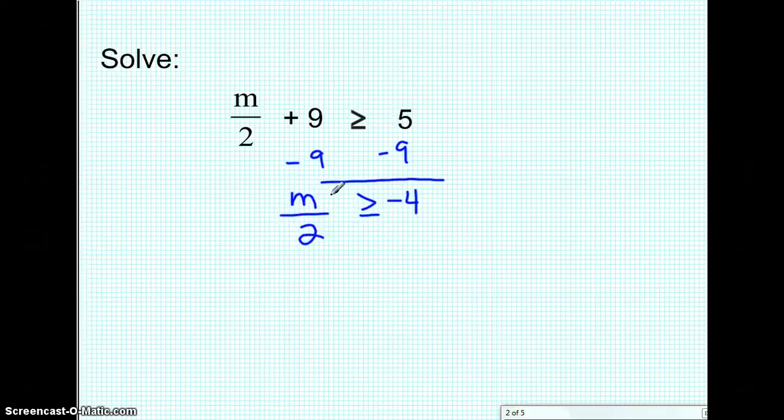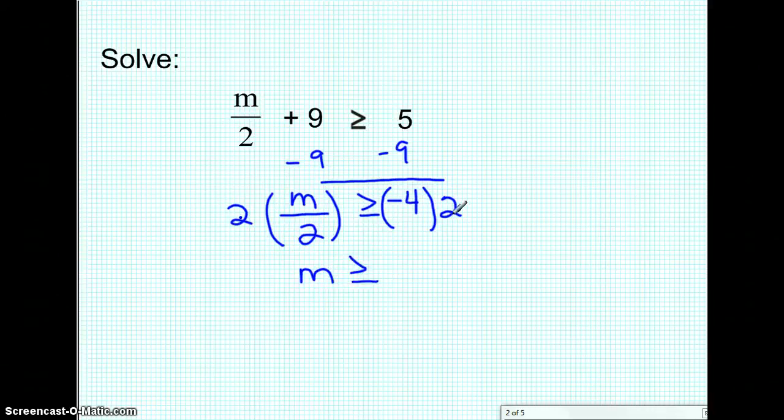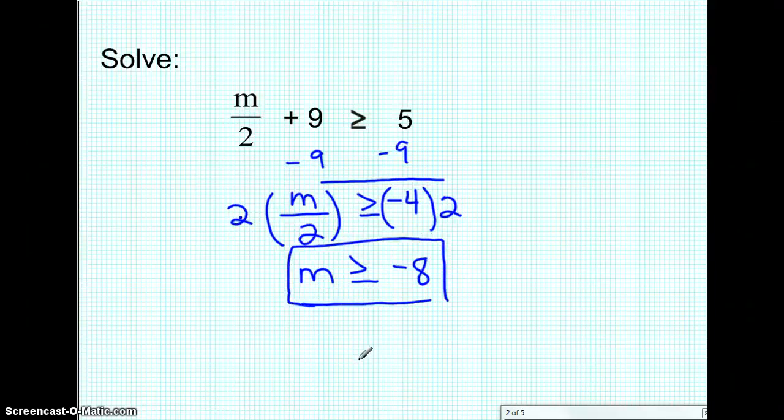Now, to undo the m divided by 2, I'm going to use the inverse operation of division, which is multiplication. I'm going to multiply that side by 2, and I'm going to multiply that side by 2. Now, I've multiplied by a positive number, so there's no need to reverse the sign. These are going to cancel out, and I'm going to be left with m is greater than or equal to negative 4 times 2 gives me negative 8. And that is the solution to that multi-step inequality.